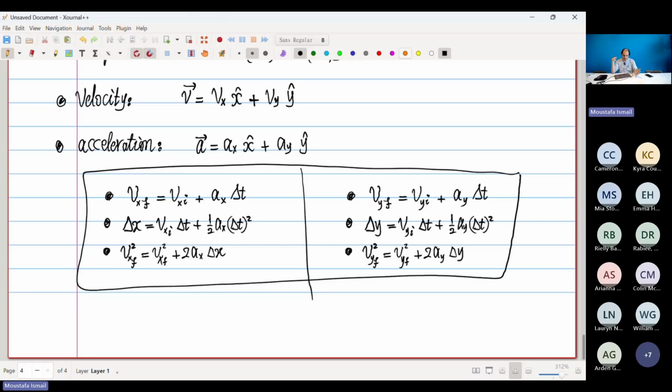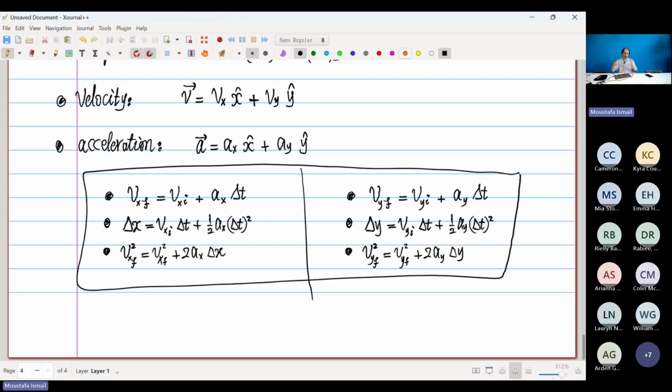And then in projectile motion, for example, the source of acceleration is gravity. So the acceleration is purely in the y direction, in the vertical direction, but there is no acceleration in the x direction if we ignore air resistance. So you get a_x equals 0, but a_y is equal to negative 9.8 meters per second squared.